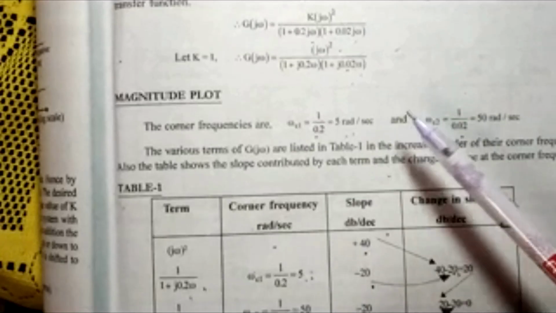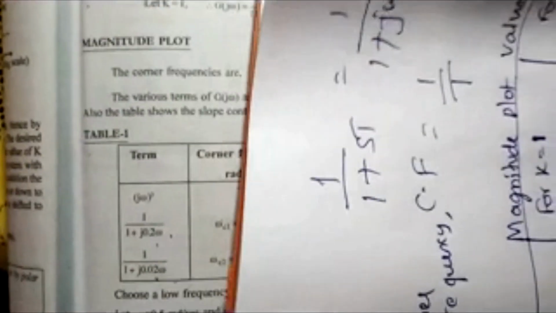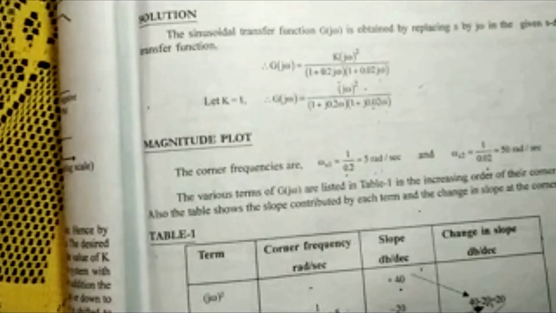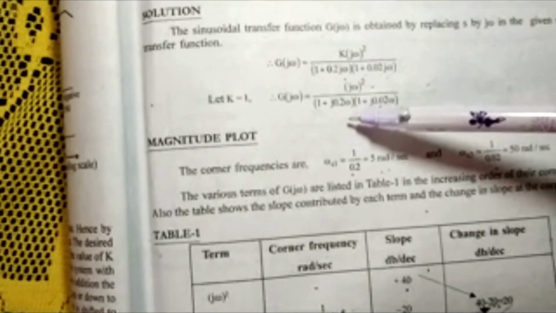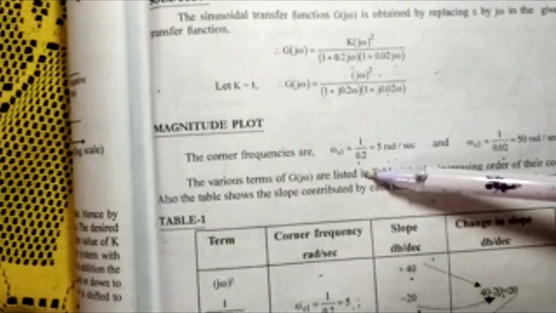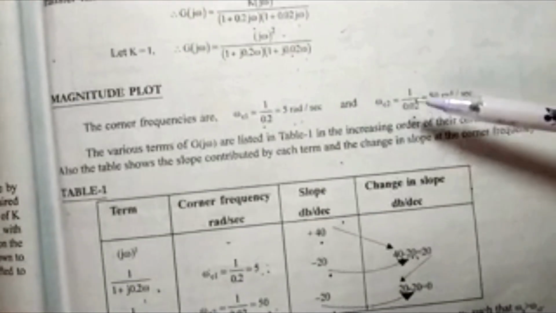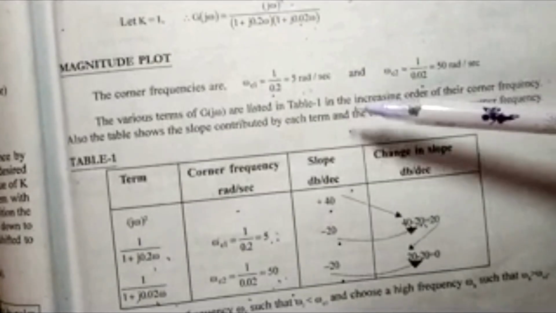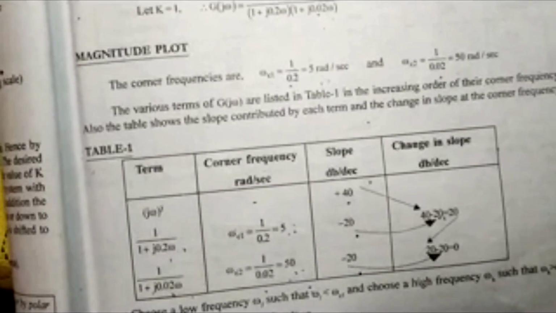The formula for corner frequencies for first order factors in the denominator: the form is 1 by 1 plus sT. Put s equal to j omega, and the corner frequency is 1 by T. Now this is of the form 1 by 1 plus j 0.2 omega, so the corner frequency is 1 by T, nothing but 1 by 0.2. For the second one, the corner frequency is 1 by 0.02. The values obtained are 5 and 50 radian per second.